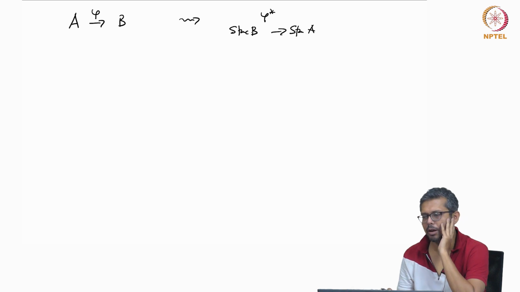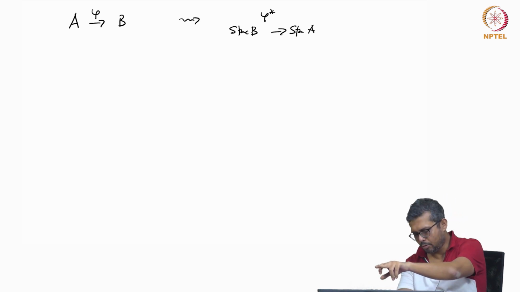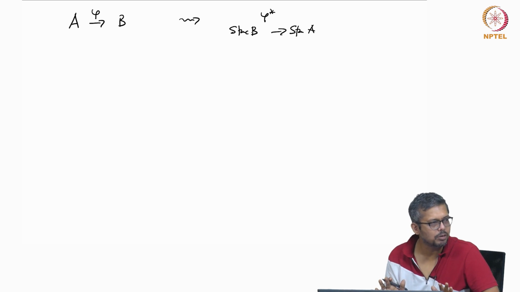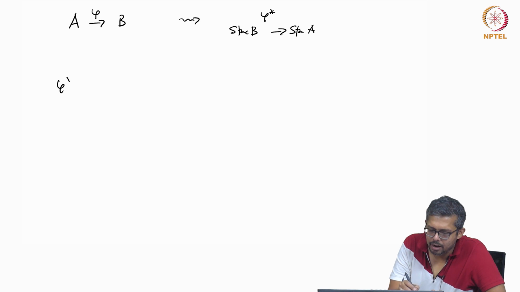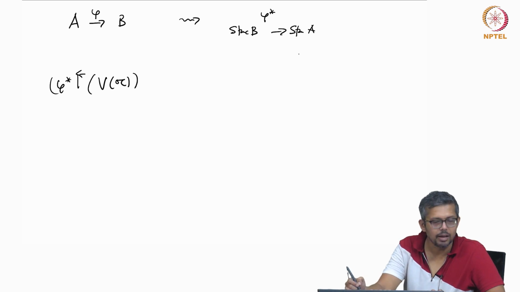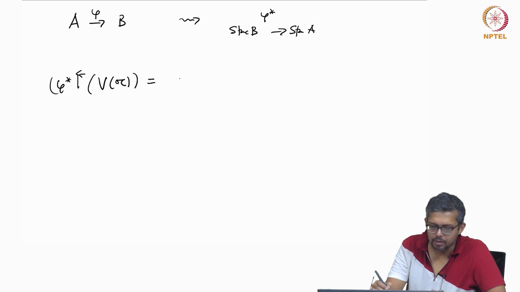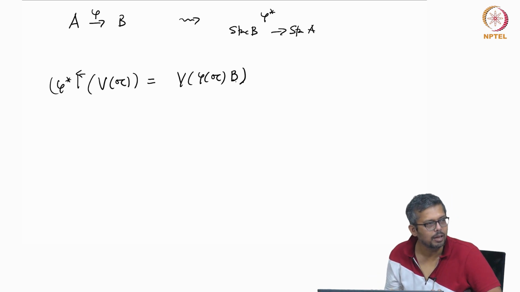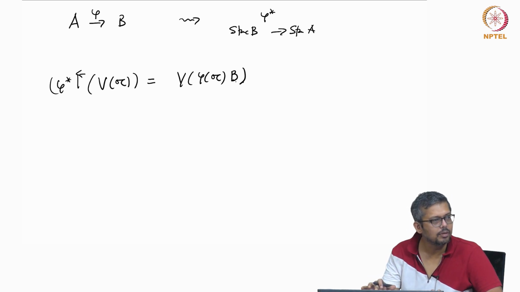So that means what you have to check is that if you take a closed subset in Spec A, the inverse image of a closed subset is a closed subset. So phi star inverse of a closed subset, say V of A in Spec A, is nothing but V of the image of A. You take the image, it need not be an ideal, but you have to extend it. So you take the extension of the image.